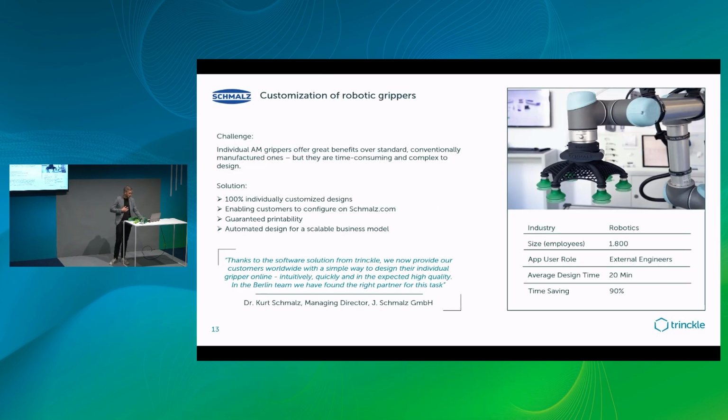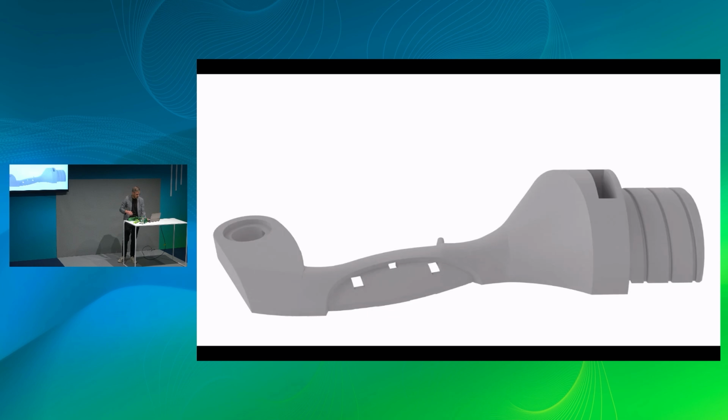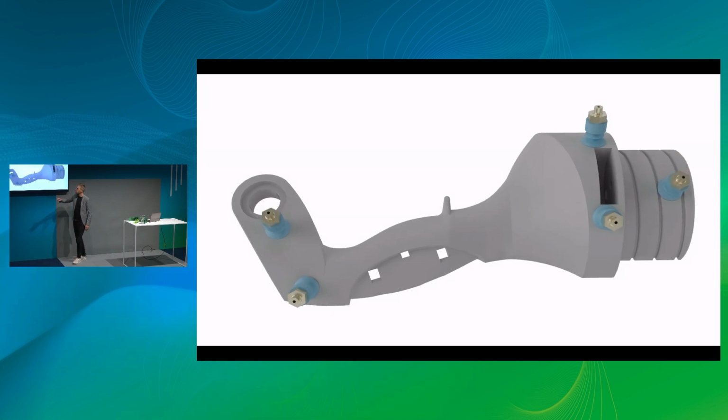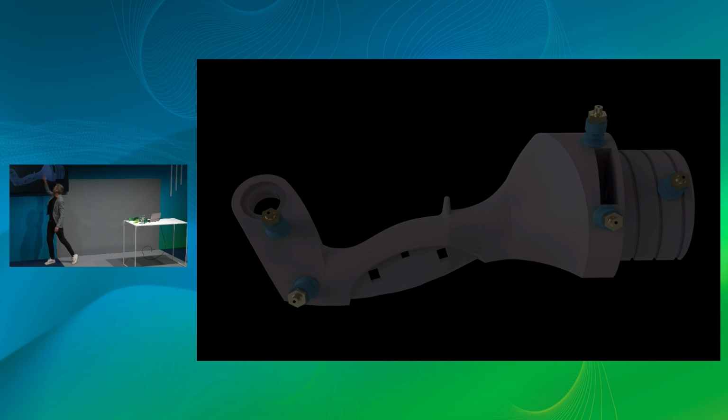So this is based on Paramate. And just to give you some ideas, very, very short, we're looking, for example, at end-of-arm tools in robotic cases, individual ones for each single use case of a robotic. And just to give you an idea how this works, a similar process, we try to make this design easier. So you upload the part that you want to lift with a robotic hand. You just decide here, here, here, and here, I want to grip this part.